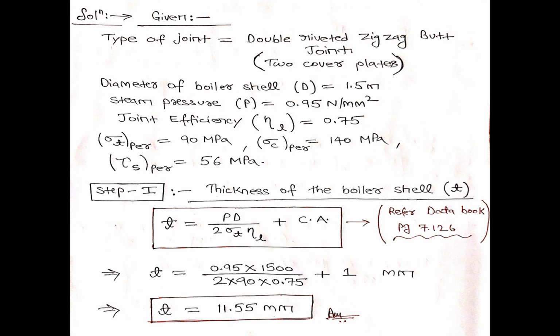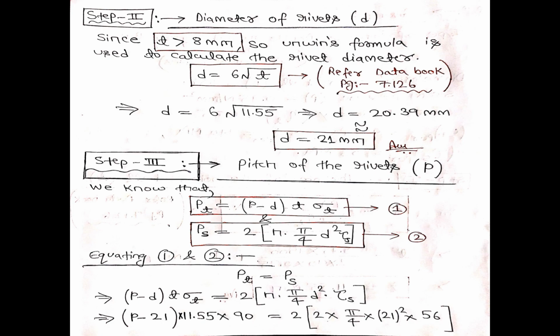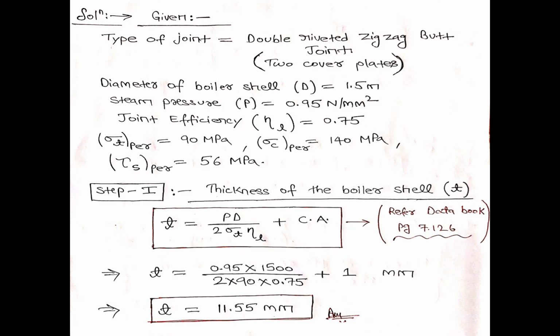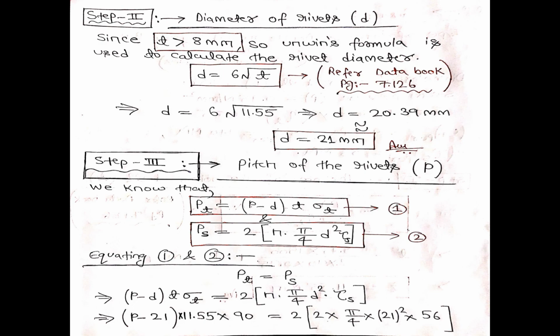Fine. Okay. Second step is we have to find out the diameter of the rivet. I have told you that in order to get the dia of the rivet, you have to check two conditions. First condition is whether the thickness is greater than 8 mm or less than 8 mm. I can see that my thickness value is 11.55 mm, which is greater than 8 mm.